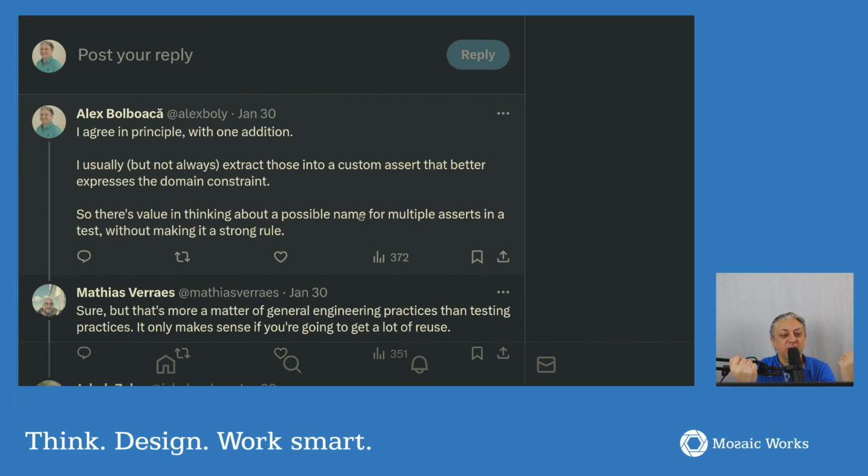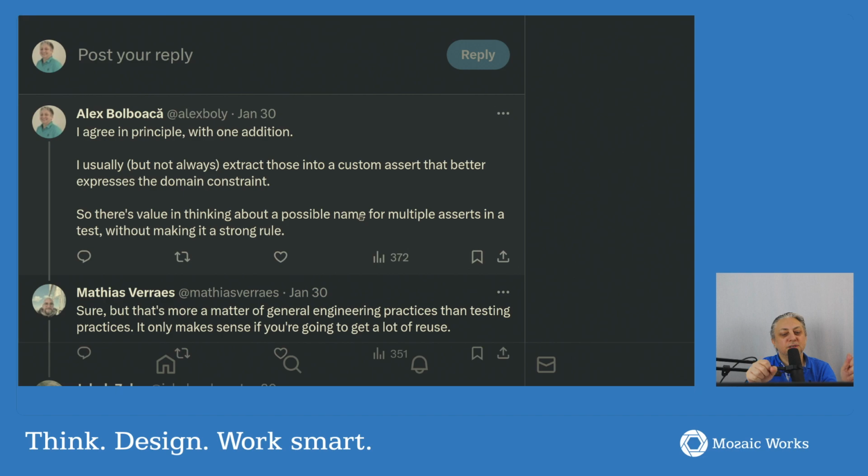how to have this decoupling. And one of the ways is to figure out what are the things that are constant, and what are the things that will change together, and what are the things that will change separately. Basically, like in any other part of the design. Only in tests it's a bit different, in the sense that you have a limited number of design elements that you can use.